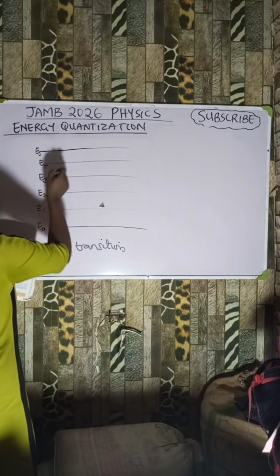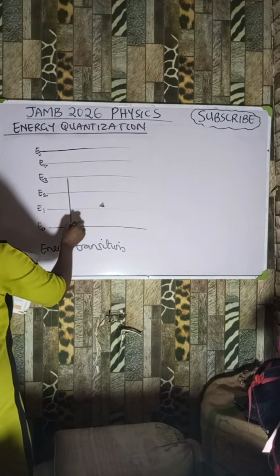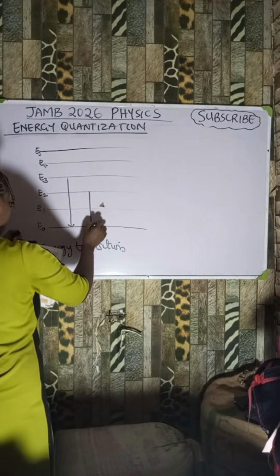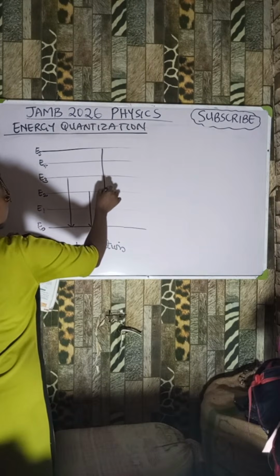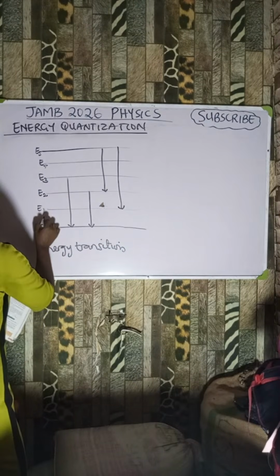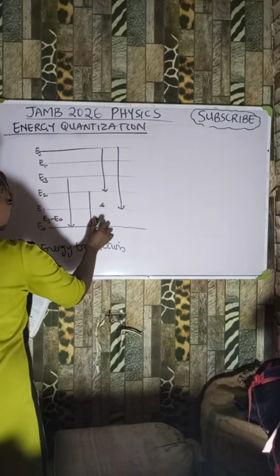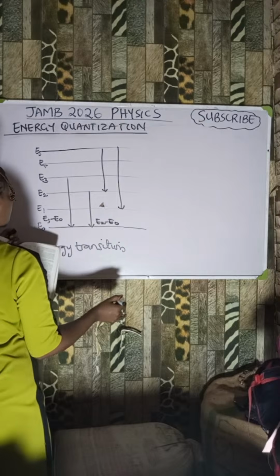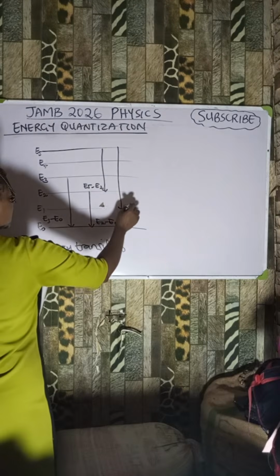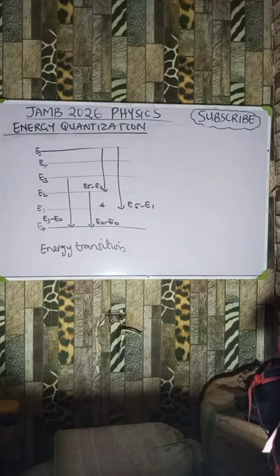Okay, so E4. All right, so this is E3 minus E0. This is E2 minus E0. This is E5 minus E2. This is E4, E1. All right, so let me explain.